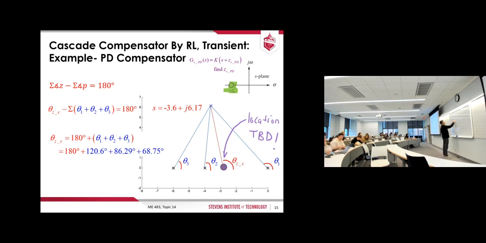So that is inverse tan. Vertical component is what? 6.17. Lateral component is what? 3.6. Okay. So get me the number. What's that? The angle.